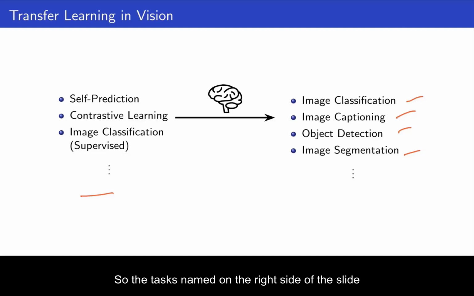The tasks named on the right side of the slide are examples of target tasks that we want to solve. I again want to emphasize that we typically need labels to solve this target task, but now we only need to fine-tune the network on few labels after we transfer the weights by self-supervised learning on any of these so-called self-supervised tasks or pretext tasks.